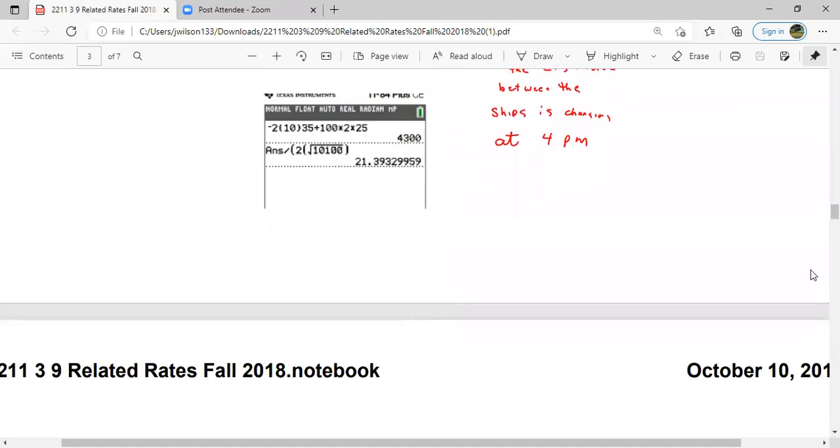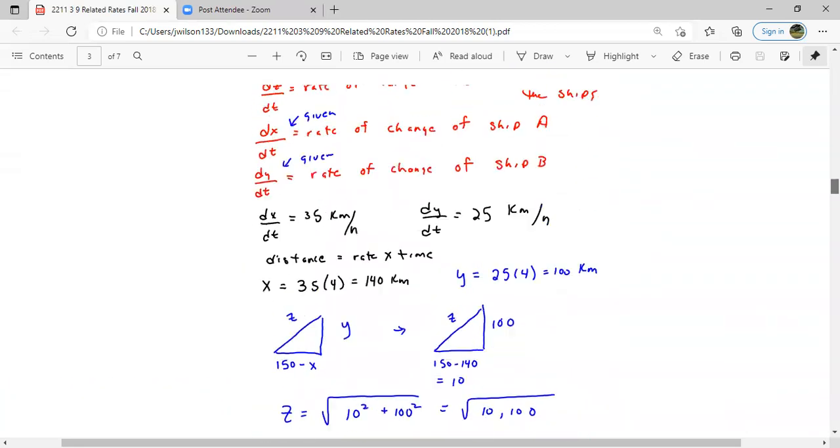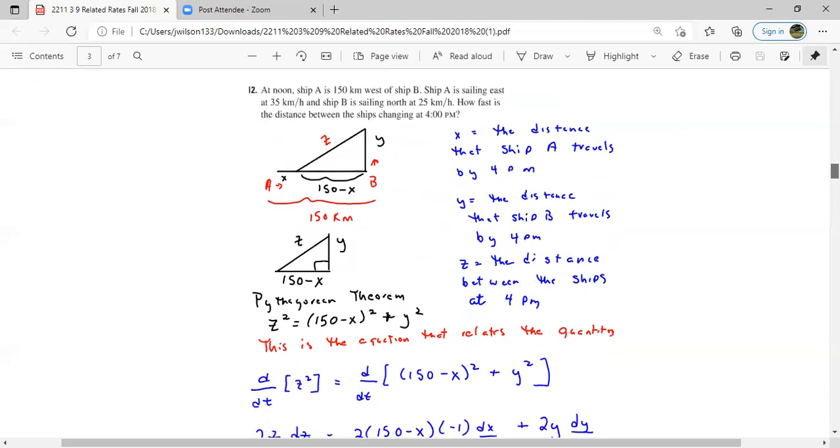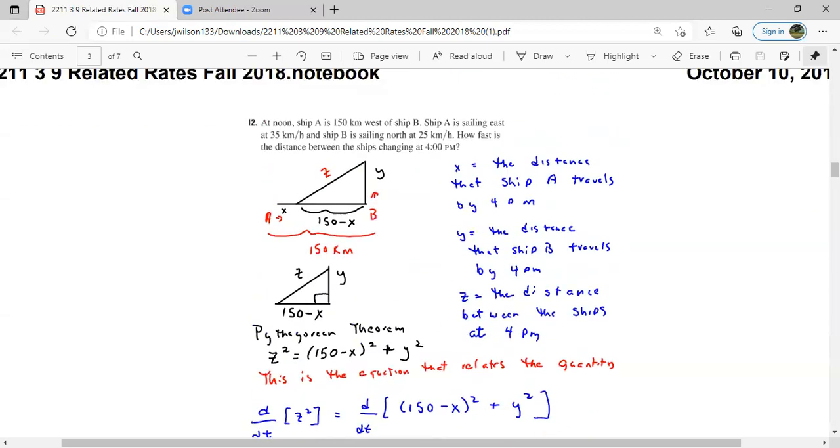Okay. So that's a typical related rates problem. So you see how you had to draw the picture. A lot of them are like this, where you have to draw a right triangle and use the Pythagorean theorem. But you want to write down the quantities that are involved in the problem.